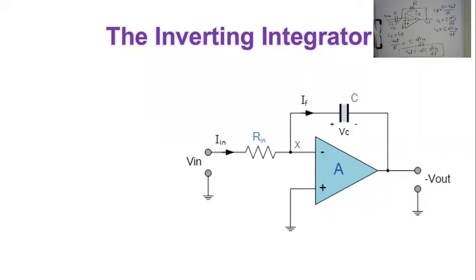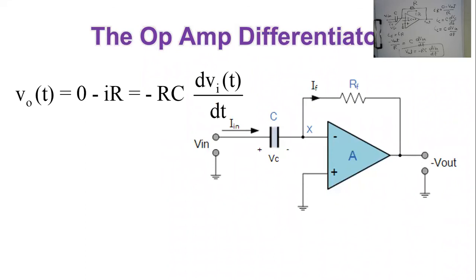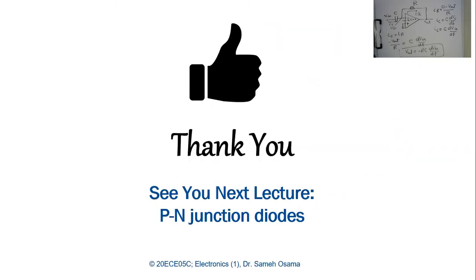You will see these two circuits, my dear students, maybe in your ADCs, analog to digital converters, and DACs, digital to analog converters, as well as other applications where you need to make any form of differentiation or integration of your inputs. Now, this is the end of chapter number 1 under the title Operational Amplifier.